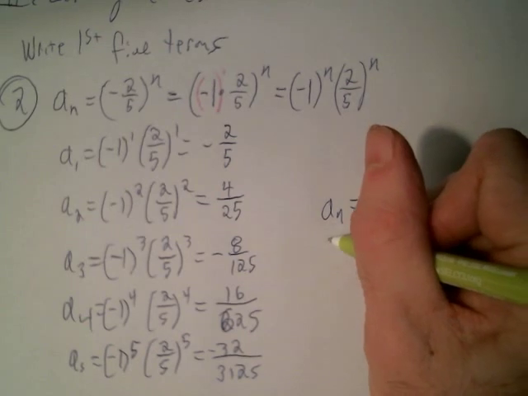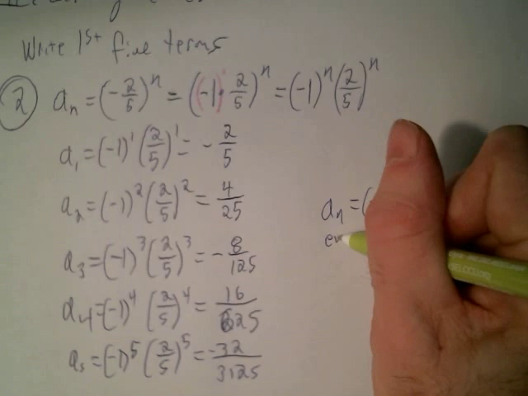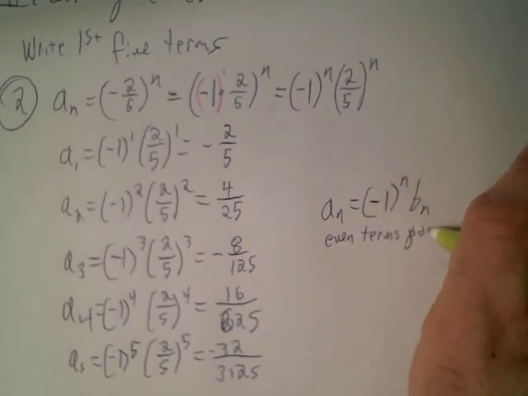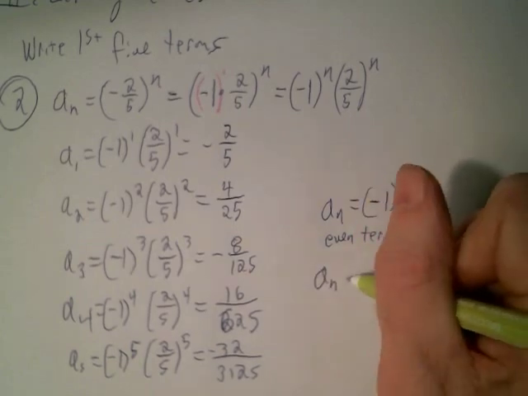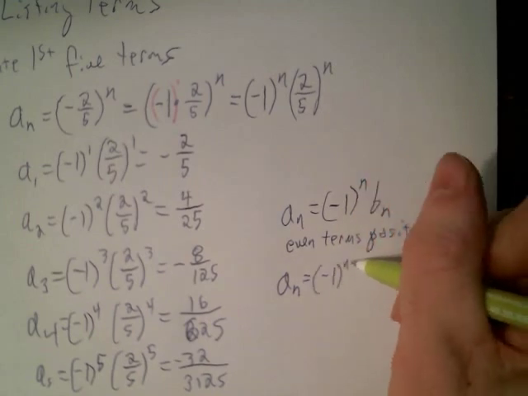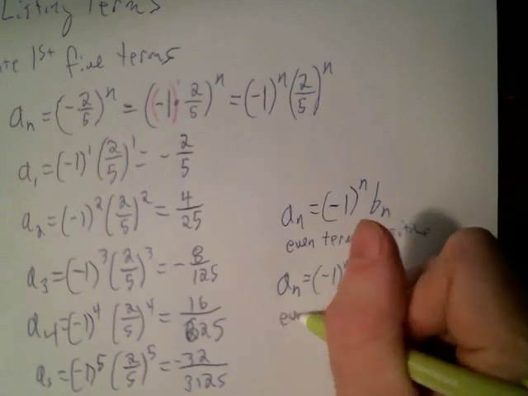So this gives me even terms positive. But if you want the even terms to be negative, you're going to use negative 1 to the n plus 1.